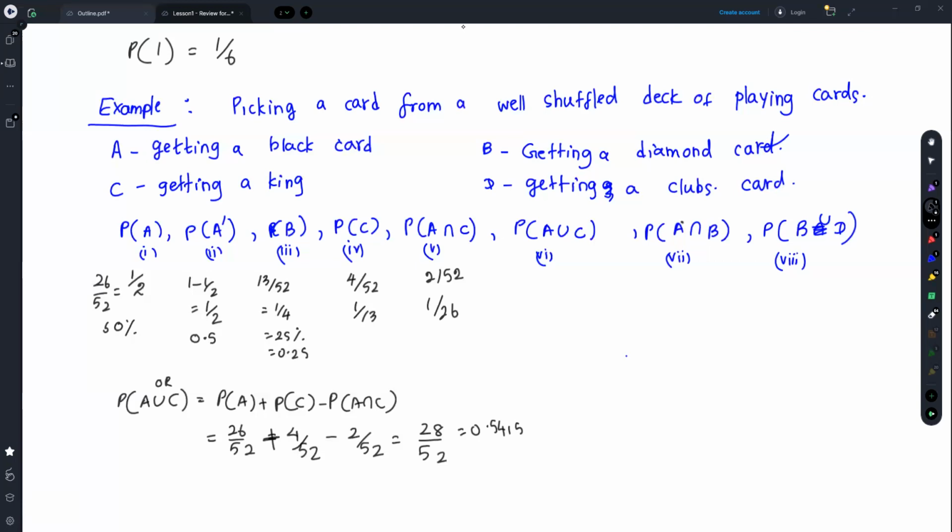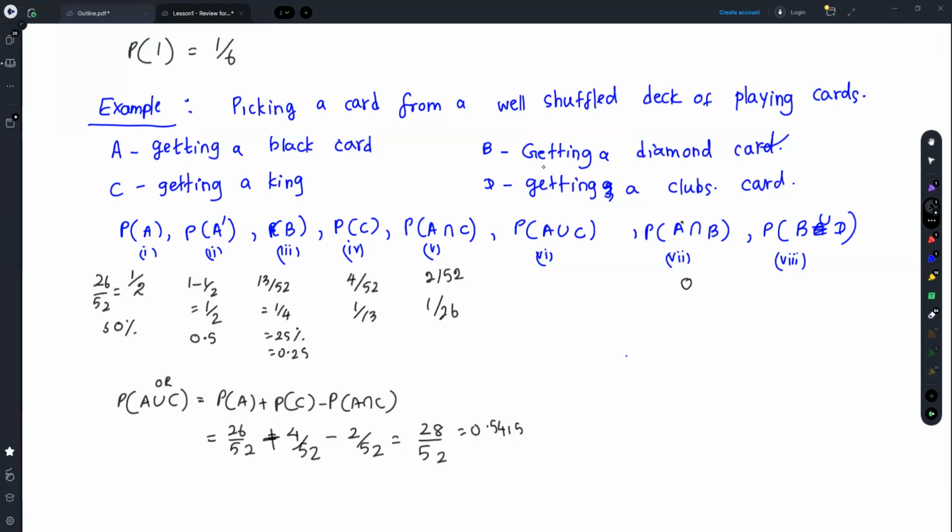No, right? All diamonds are red, right? So therefore, there's no way you get a card which is black and also a diamond. So that probability will be 0, right?